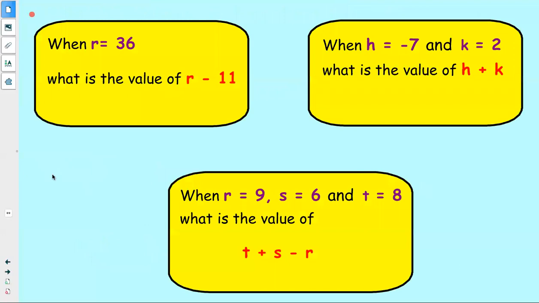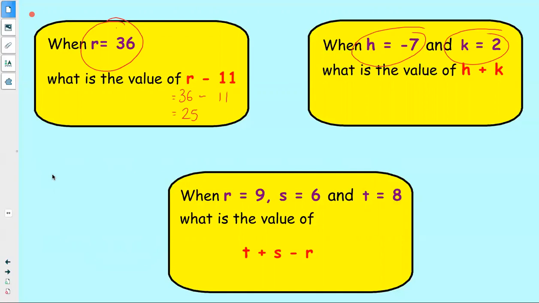So these questions here. When r is equal to 36, what is the value of r subtract 11? Again, we replace r with 36, and you're going to subtract 11, which gives you an answer of 25. This one here, if h is negative 7 and k is 2, we're going to use 2 different variables in this question, but you're doing the exact same thing.